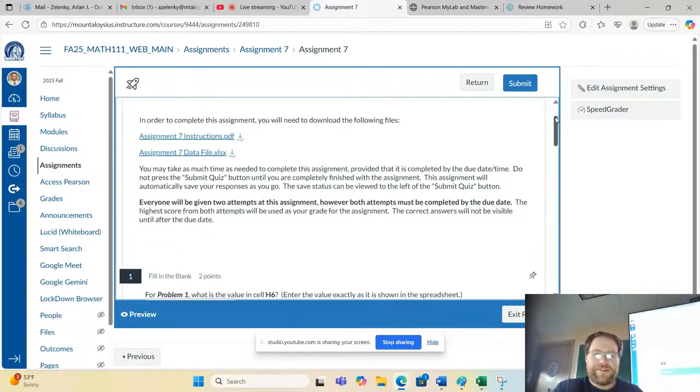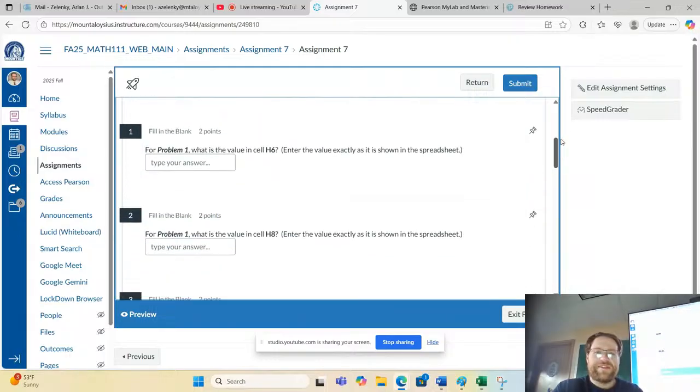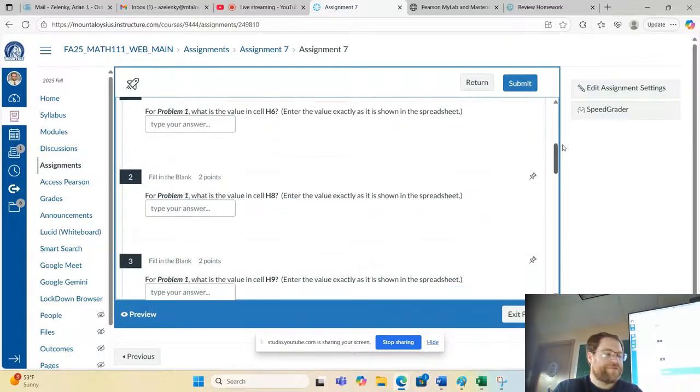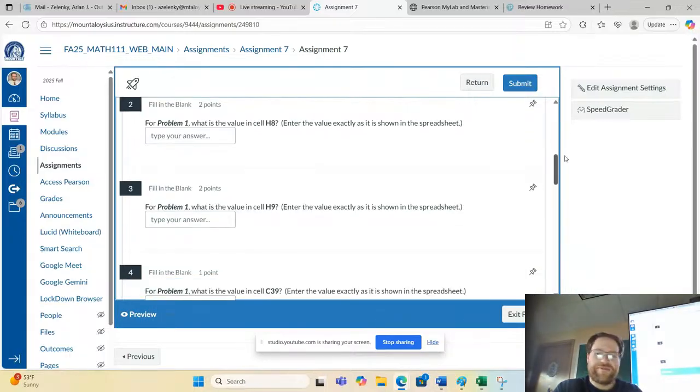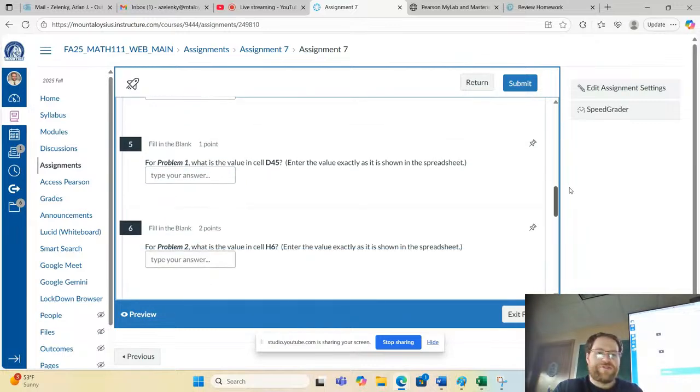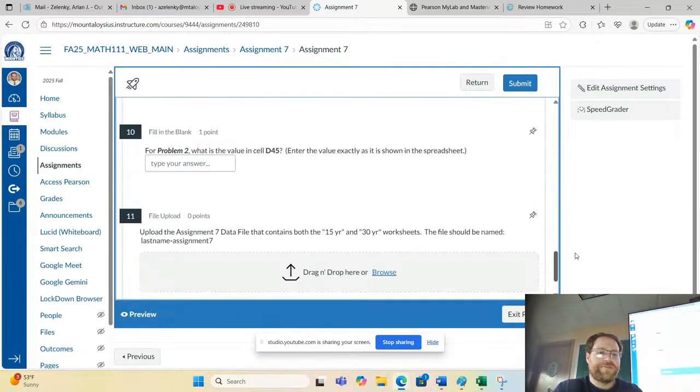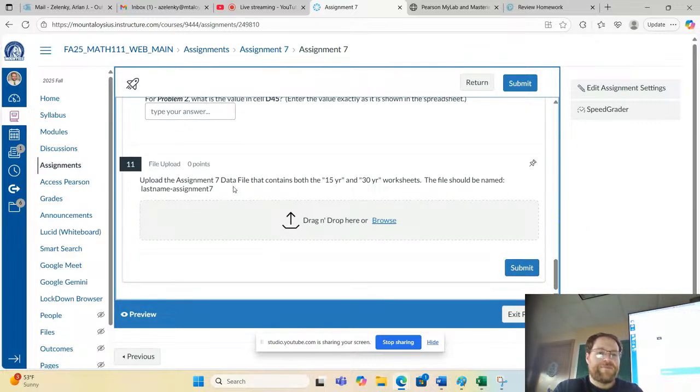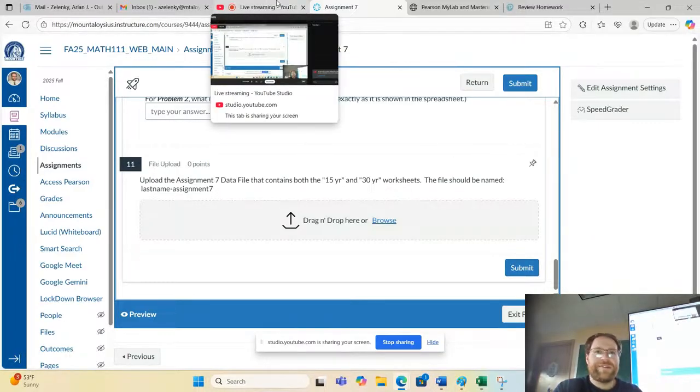You'll just go in here, and it's going to ask you for the values in specific cells, which is just going to be recording the numbers. You can upload your final Excel sheet on question 11, submit, and you should be good to go. And I'm hoping that this should help here with the screen recording now.